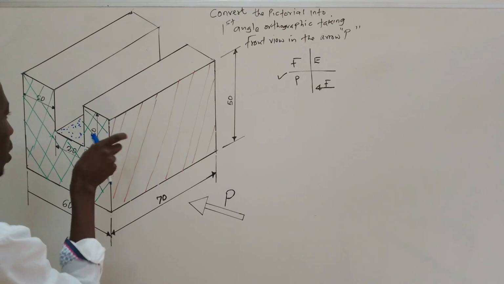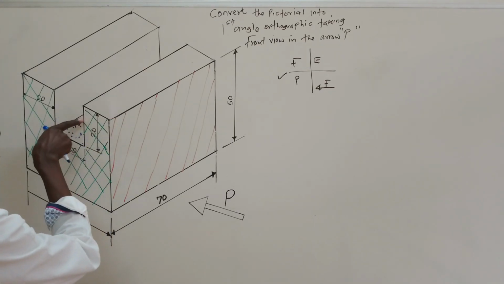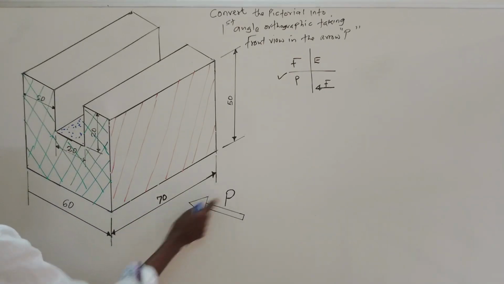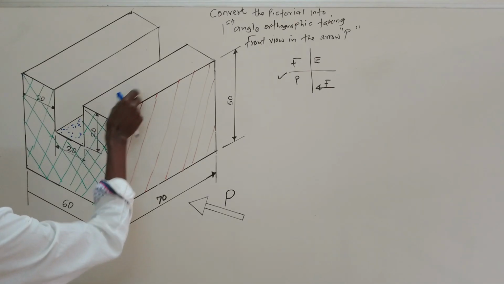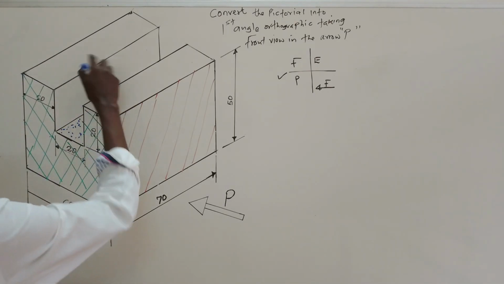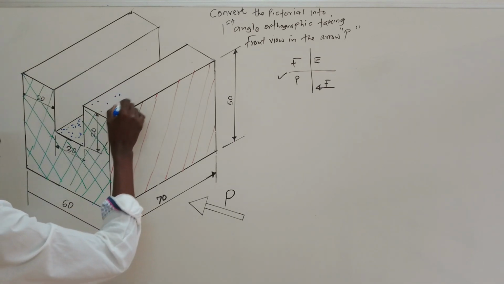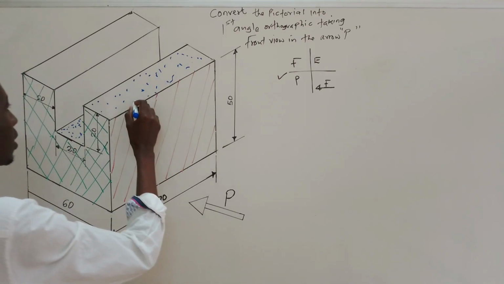But according to this drawing, we are not able to see the surface running along it, because this block has made this surface not visible. This one is visible from the top. This one is very clear; we are able to see this one.